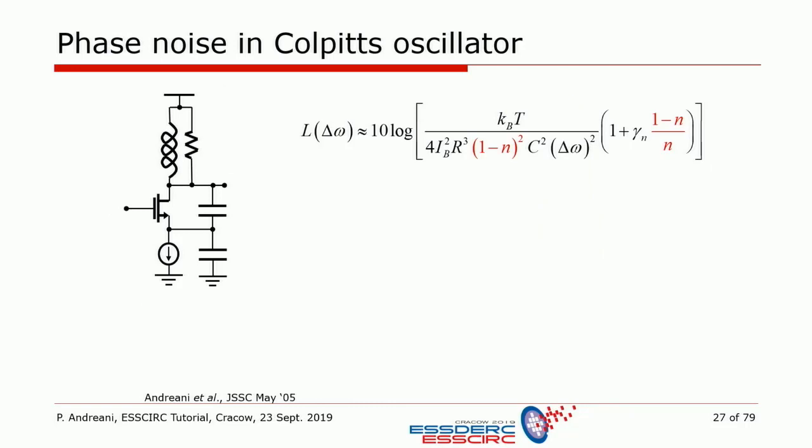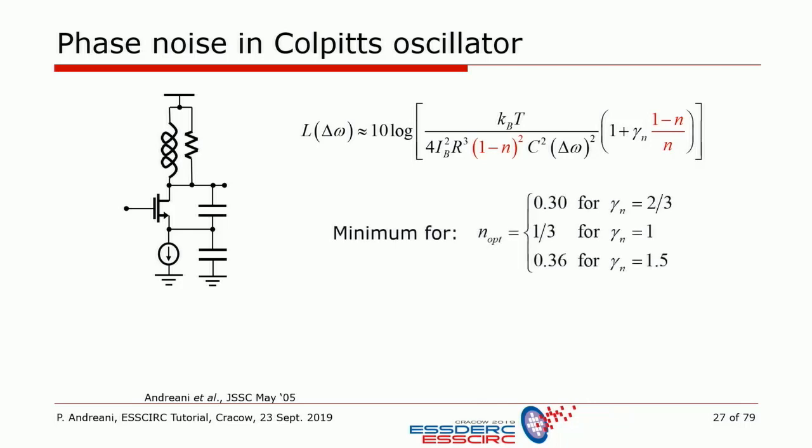Again, doing the calculations, this is what you get. And once again, you can see that there is no impact of GM. So also in this case, as long as the transistor makes the oscillator go, its noise is not dependent on the GM, but only on gamma n, and also, of course, on the architecture that we have selected.